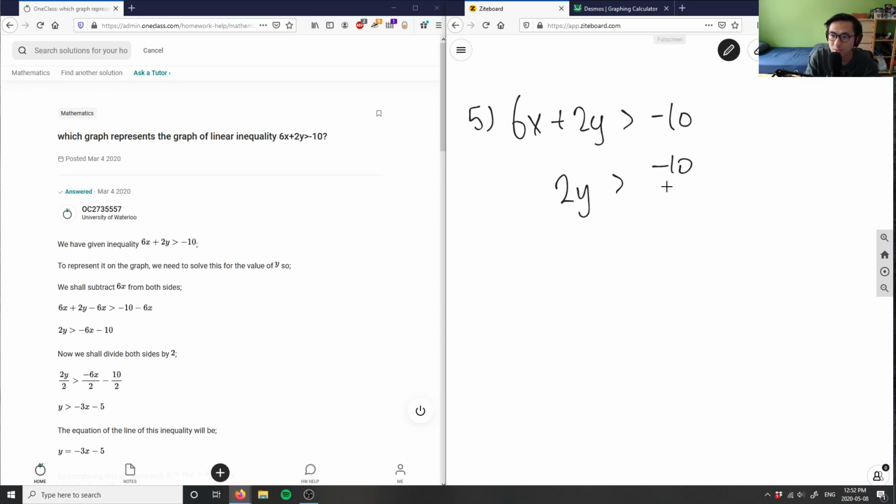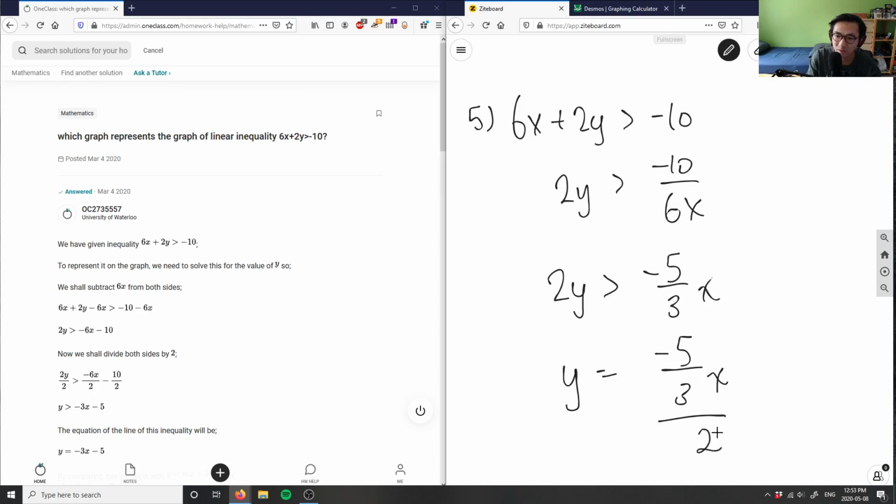So this is negative 6x, so 2y would be negative 10. Negative 10 divided by 6 would be negative 5 over 3 x, and then I can simply say y has negative 5 over 3 x divided by 2, right?